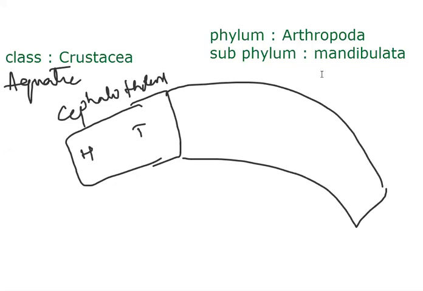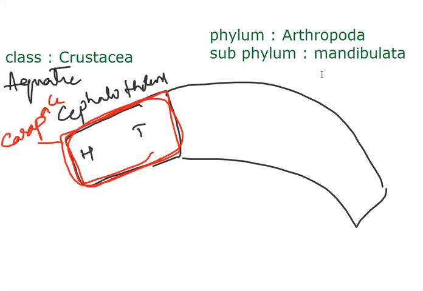It is covered by a chitinous carapace. So here we'll write the carapace: the head and thorax collectively called cephalothorax, covered by chitinous carapace.